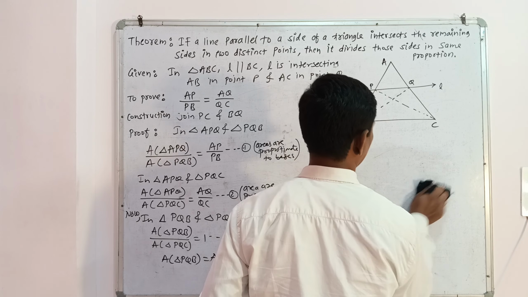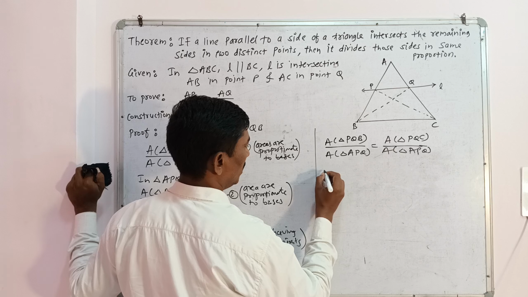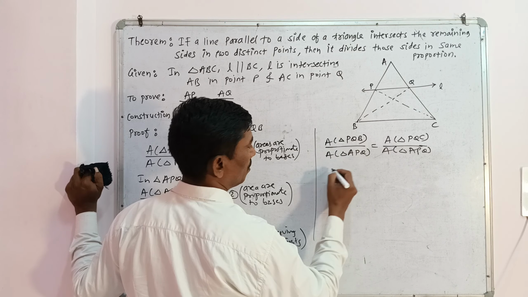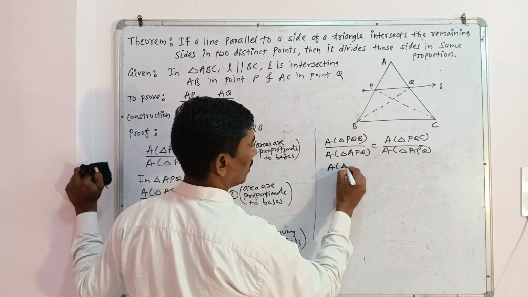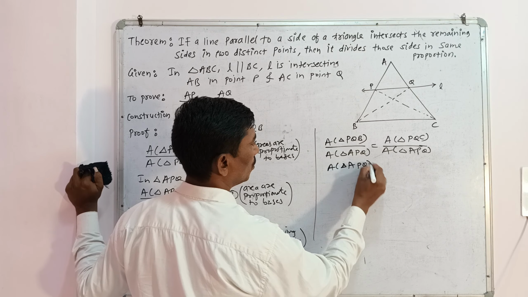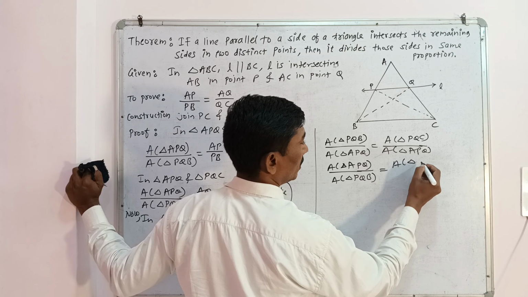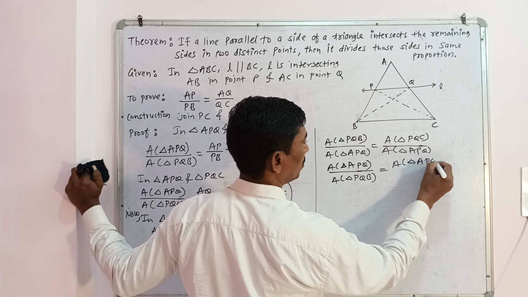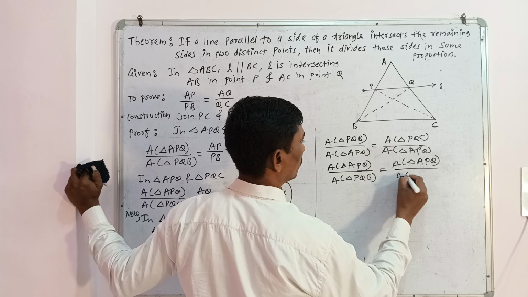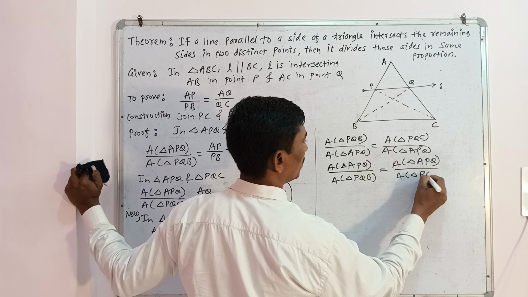Now if you invert this, changing numerator to denominator and denominator to numerator, you will have area of triangle APQ divided by area of triangle PQB, and similarly area of triangle APQ upon area of triangle PQC.